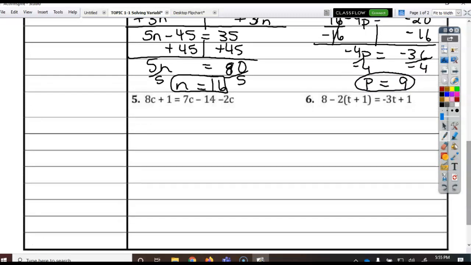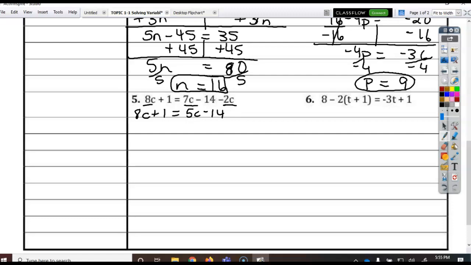All right, move down here. This time we've got more than just variables on both sides. If you notice, we've got a variable here and then we've got 2 over there. So before we start moving across letters to the left, we're going to combine these 2 letters. So 7c minus 2c is 5c minus 14. Now we just have one letter on both sides.